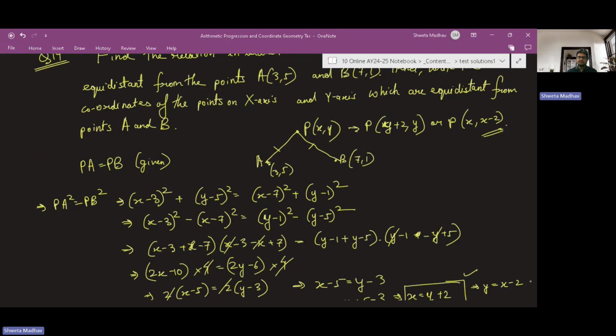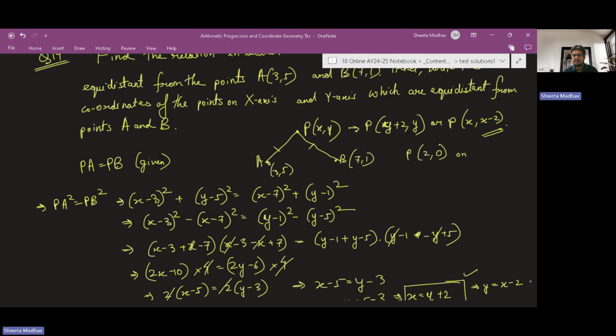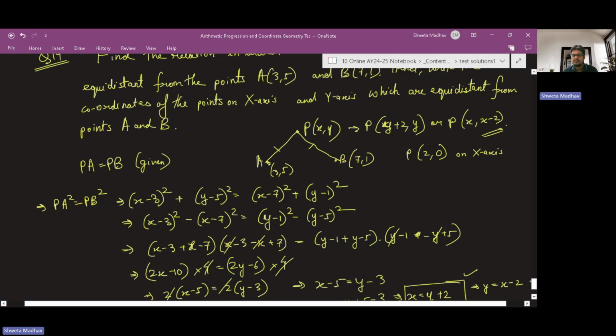If we want to find any point on the x-axis, the y coordinate will be 0. Then the point P obviously will be (2, 0), which will lie on the x-axis. And if we want to find a point which lies on the y-axis, then the x coordinate will be 0. So this will be of the form (0, minus 2), which will lie on the y-axis.